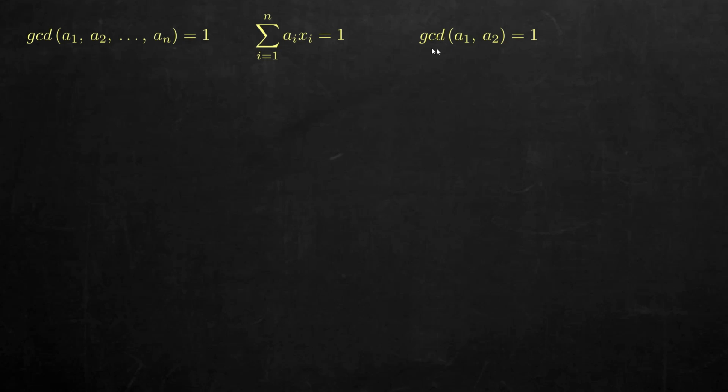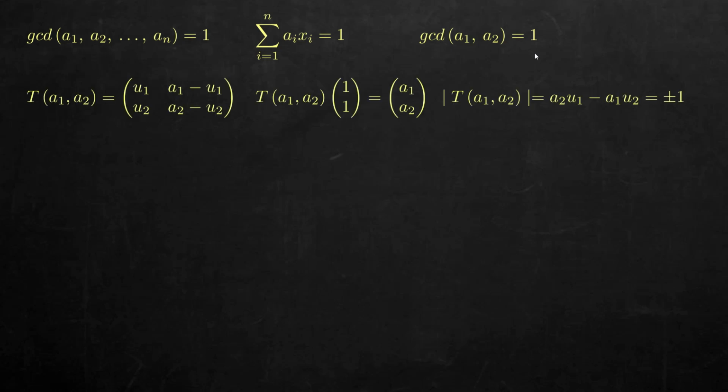If we assume that the GCD of A1 and A2 is 1, we can define a unimodular matrix T of A1, A2 using the Euclidean algorithm and the elementary matrices X and R. This matrix will map the vector 1, 1 to the vector a1, a2, and its determinant is plus minus 1 by construction.